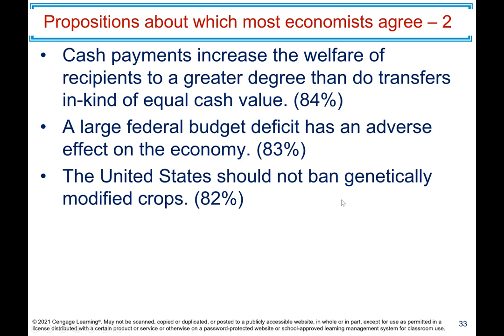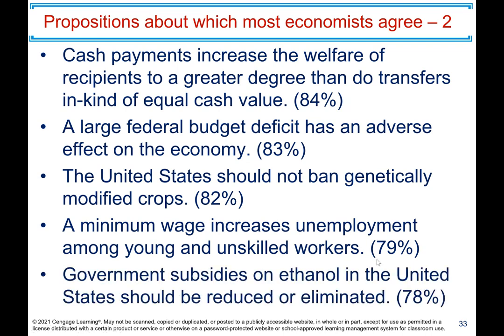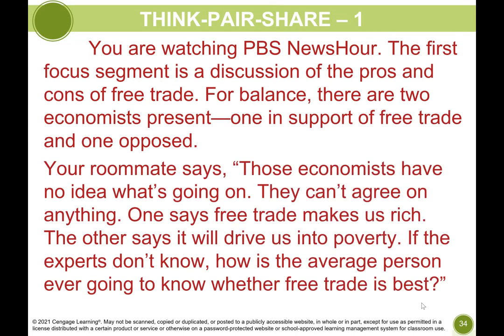The United States should not ban genetically modified crops. 82% agree. The minimum wage increases unemployment among young and unskilled workers. 79% agree. Government subsidies on ethanol in the United States should be reduced or eliminated. 78% agree. Think, pair, and share.